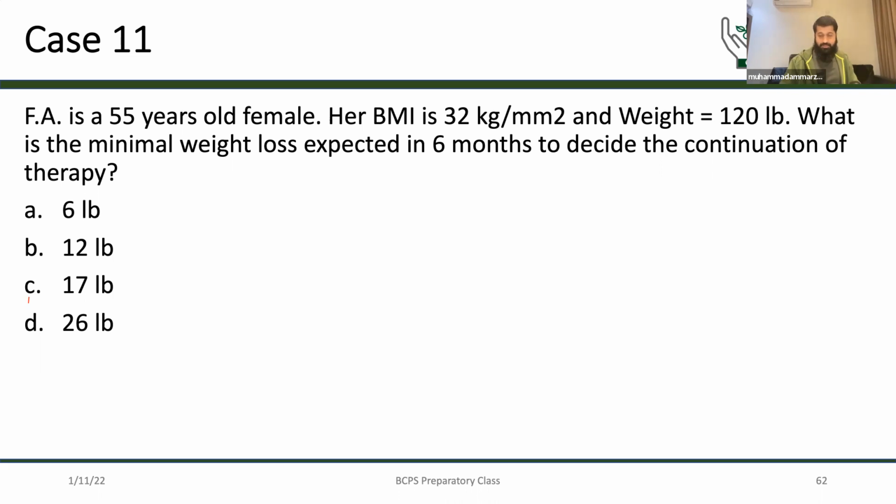So 6 pounds, that's the answer for this question. If she has 6 pounds of weight loss in 6 months, this therapy is working for her, and you can continue the therapy. Otherwise, you should discontinue or you should consider other options.